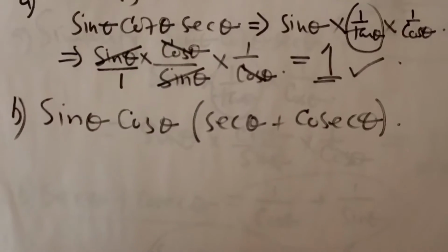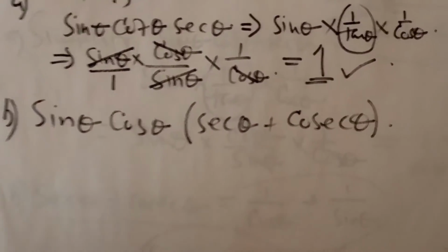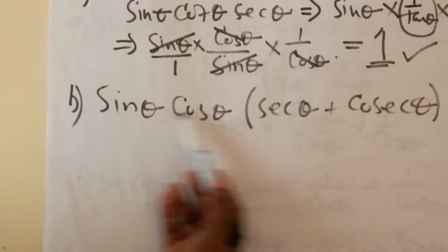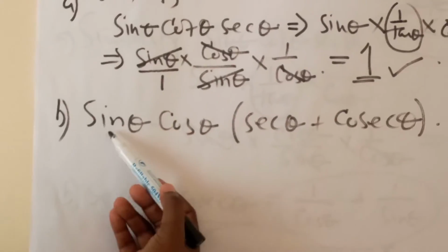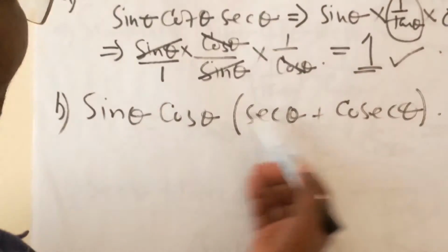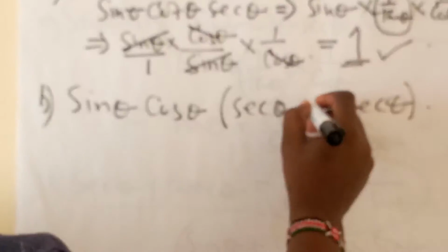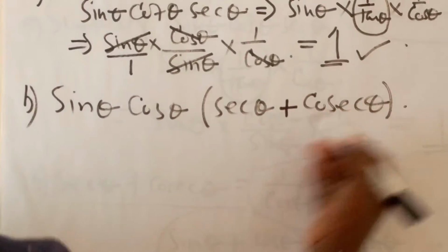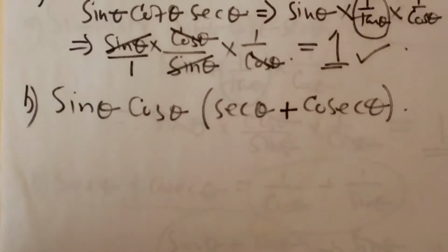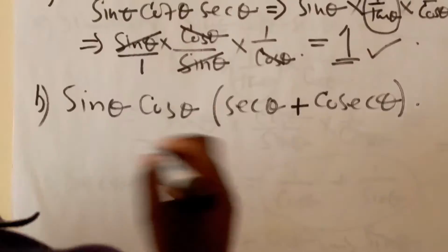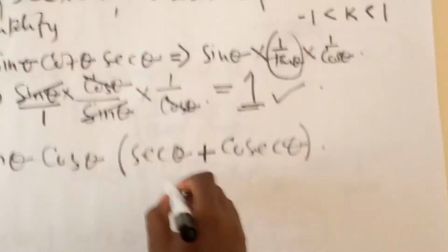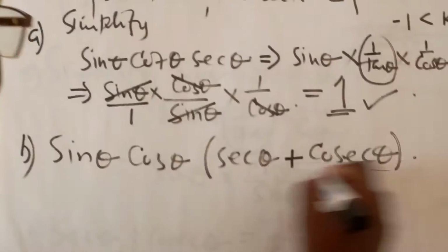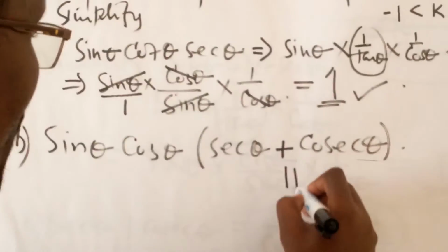In this particular part of the question, we may not have much to do with the primary trigonometric ratios, but it is this part that we must work on, because these ones are already secondary trigonometric ratios. Meaning that if we continue now, we can deal with the bracketed part only.